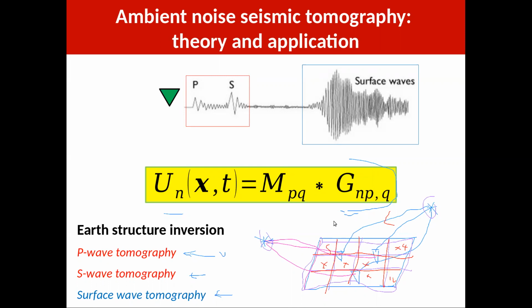So when you're making a seismic tomography, you need as many sources as possible, so that it provides some information and some constraint on the model parameters in each of these boxes. This information is coming from P waves, S waves, or surface waves. You also need more stations so that you can really constrain each of these model parameters.